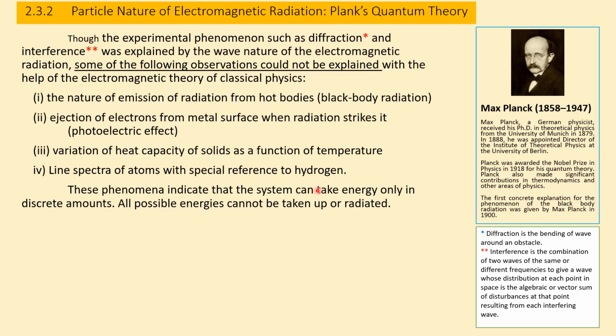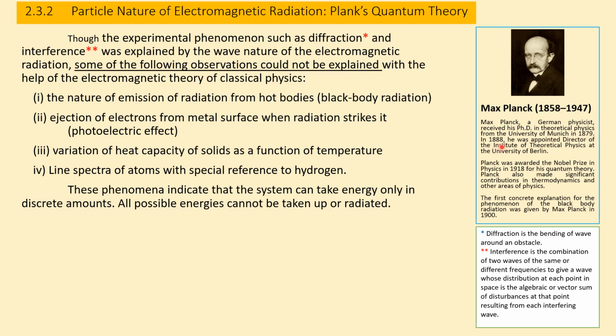The first concrete explanation for this shortcoming, that is for the phenomenon of blackbody radiation, was given by Max Planck in 1900. Max Planck, who lived between 1858 and 1947, was a German physicist who received his PhD in theoretical physics from the University of Munich in 1879.